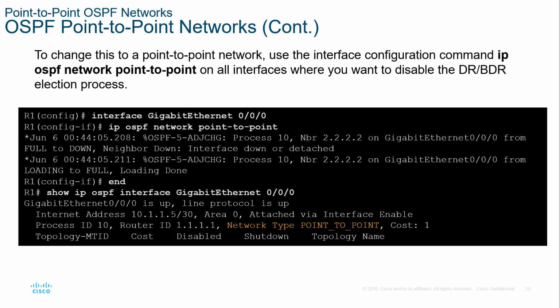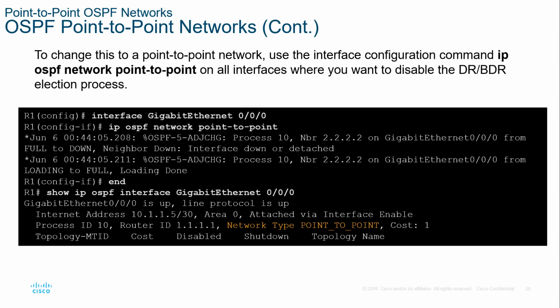To change this to a point-to-point network using the interface configuration command, we could do an ip ospf network point-to-point on all of the interfaces where you want to disable the designated router, backup designated router election process. If it is just a point-to-point, like between one router and another router, and there is no additional connection there, you can set just a point-to-point, and you could do that underneath the interfaces.